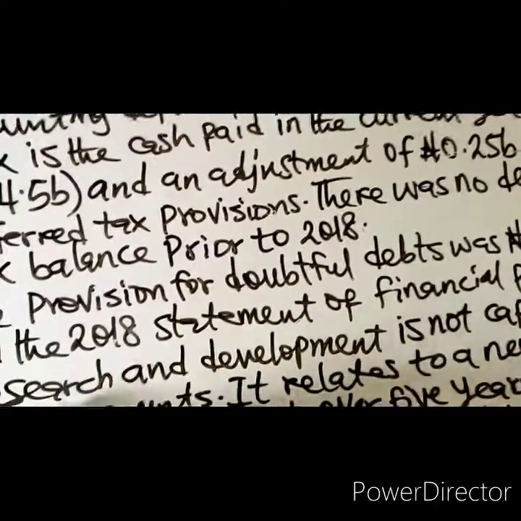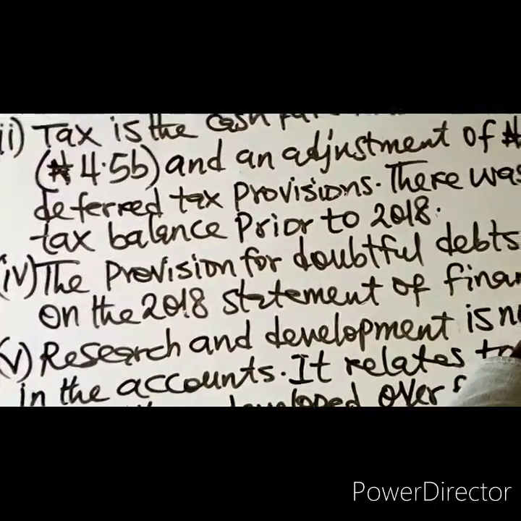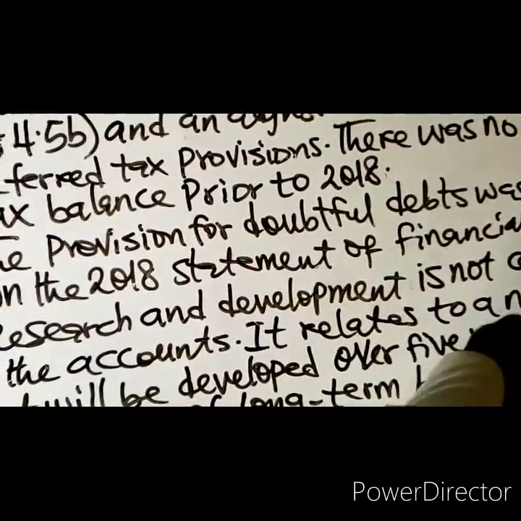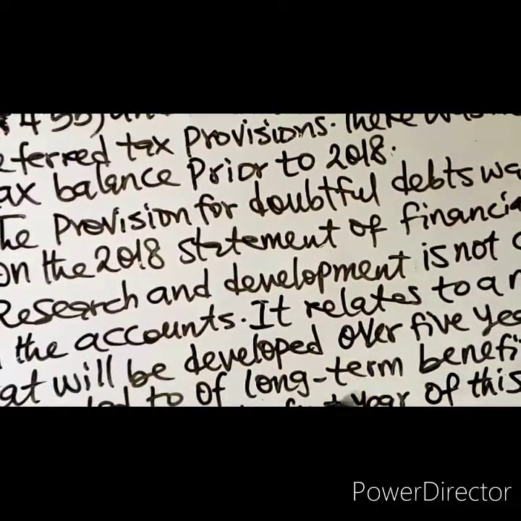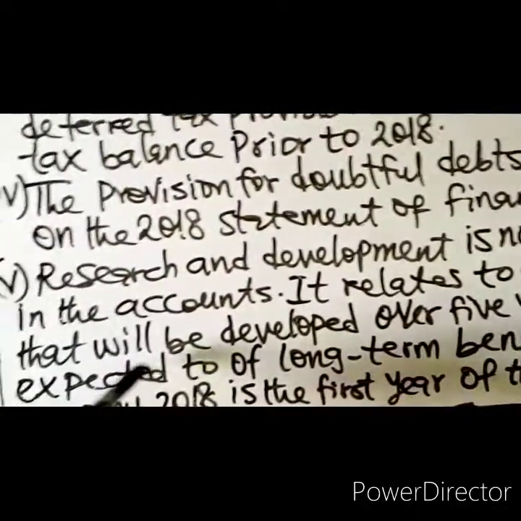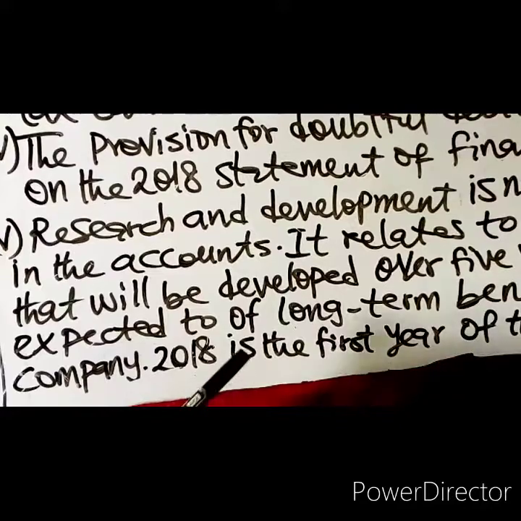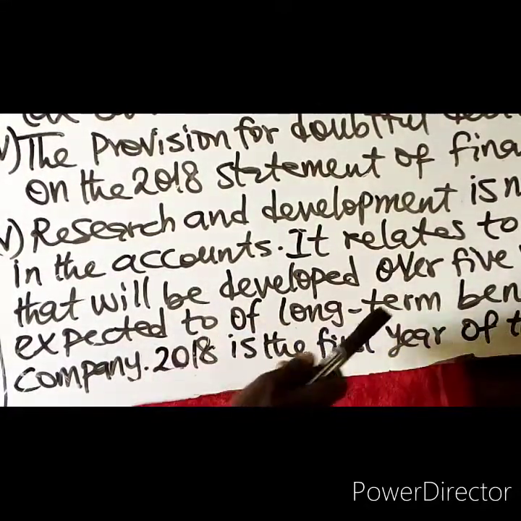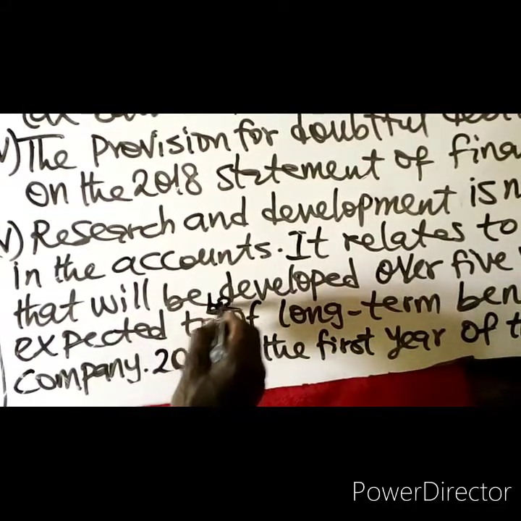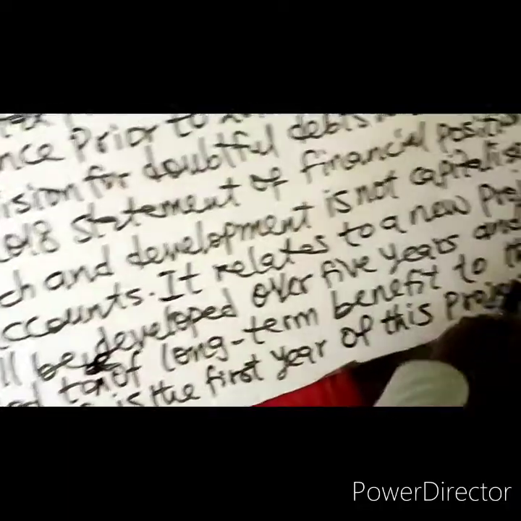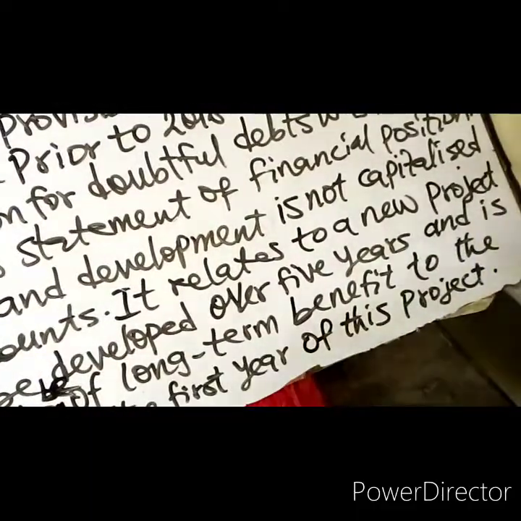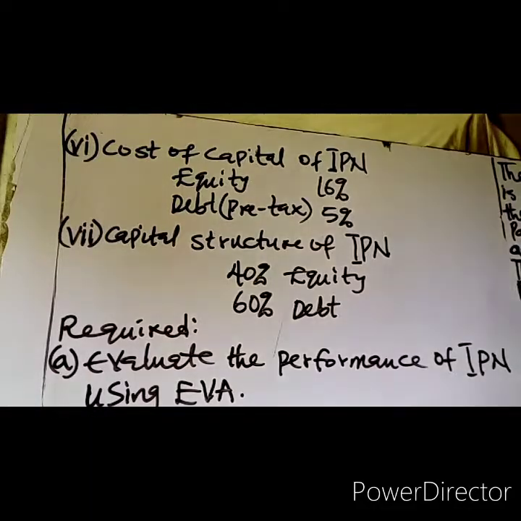5. Research and development is not capitalized in the accounts. It relates to a new project that will be developed over 5 years and is expected to be of long-term benefit to the company. 2018 is the first year of this project. 6.